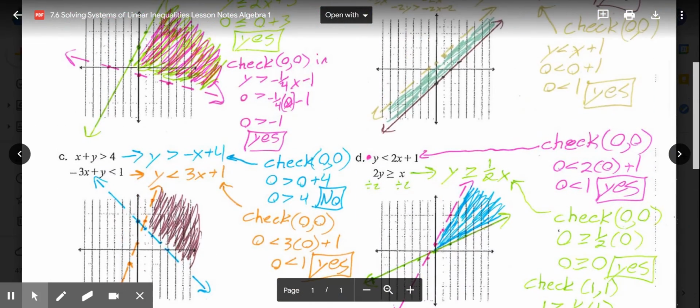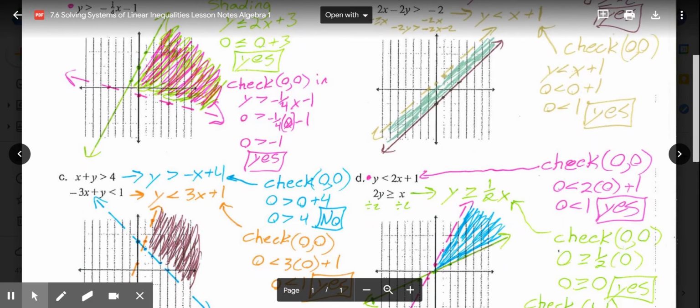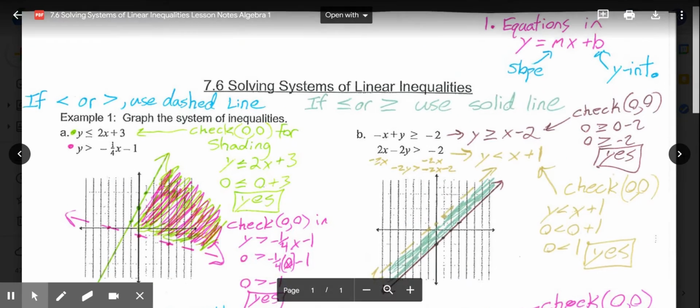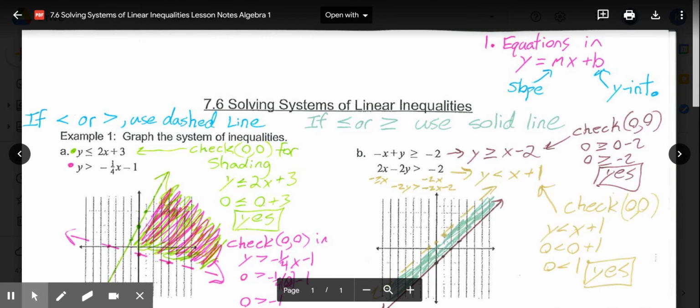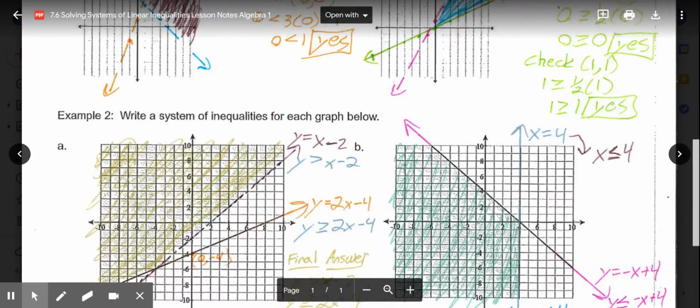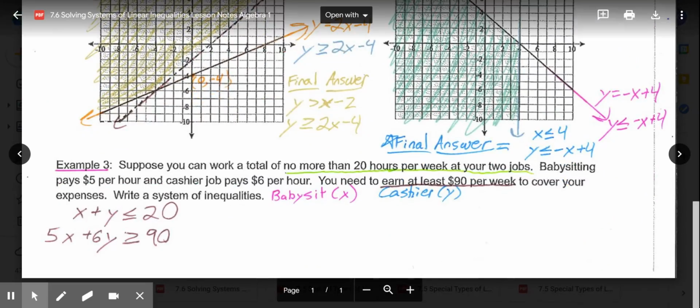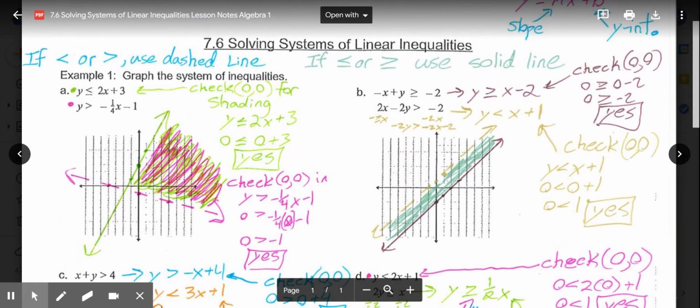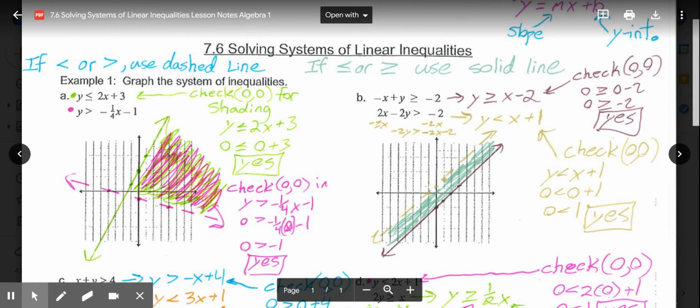And with the graphing, that's the main method for all inequalities. So when we're looking at the system of inequalities, our main method in this lesson is the graphing. When we get down to the word problem, we would just be setting it up, but we're not doing the actual solution. So let's look at example 1, A and B here.